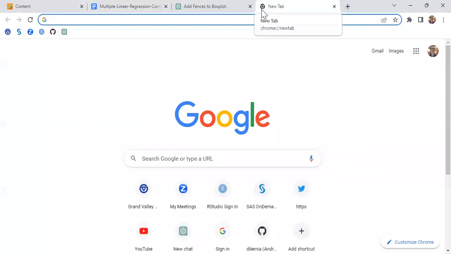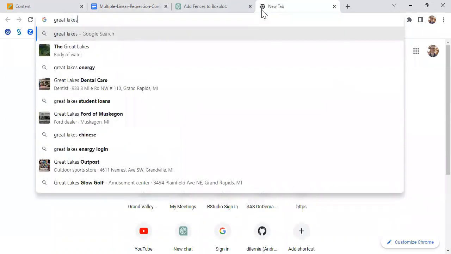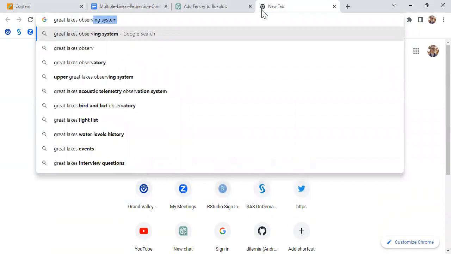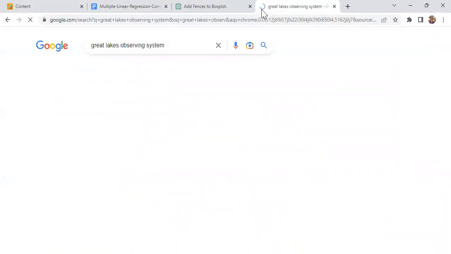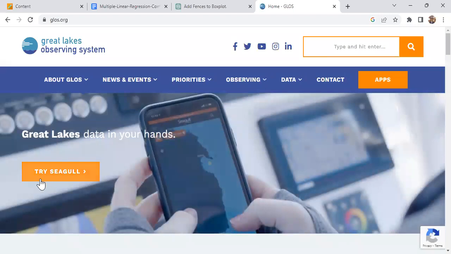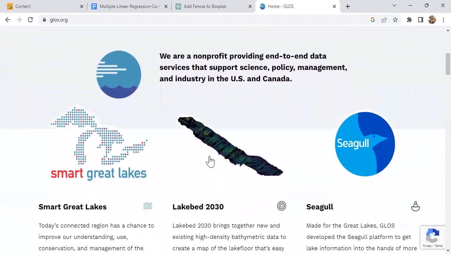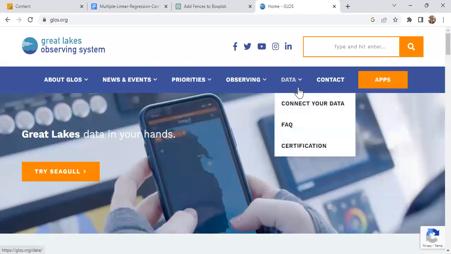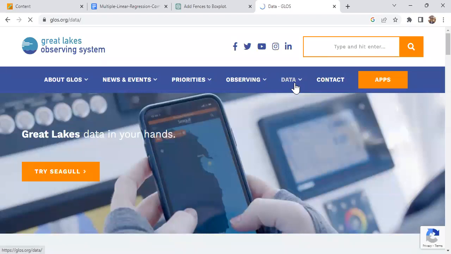If you can, go to their website. They always have new data. They have that brand new data portal. They renamed it Siegel. But it has a lot of really cool data.